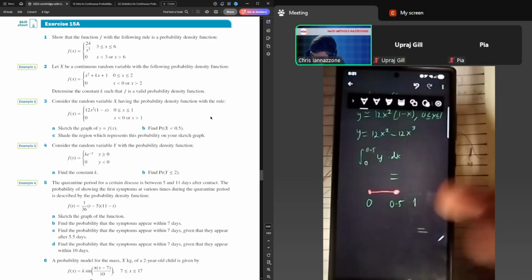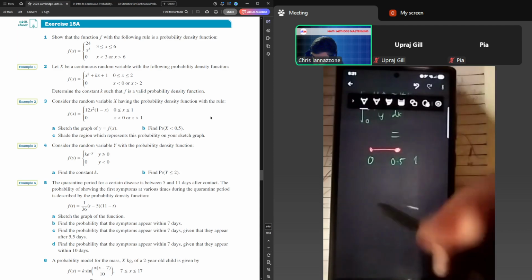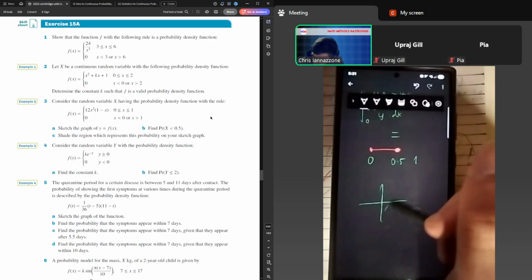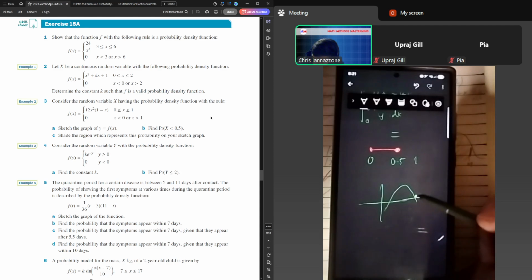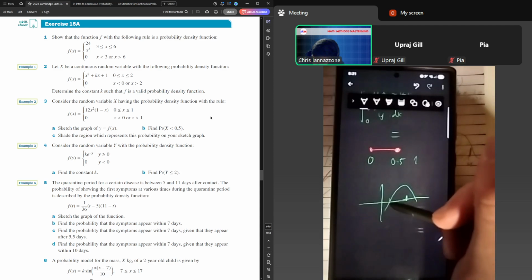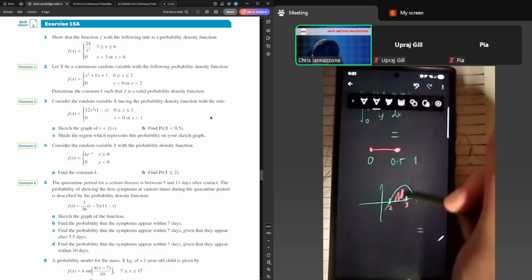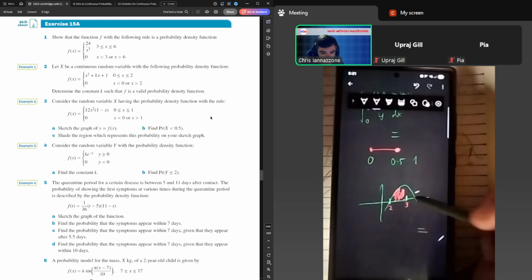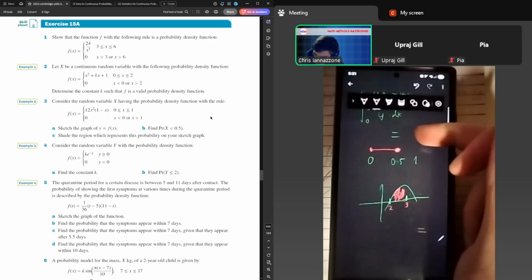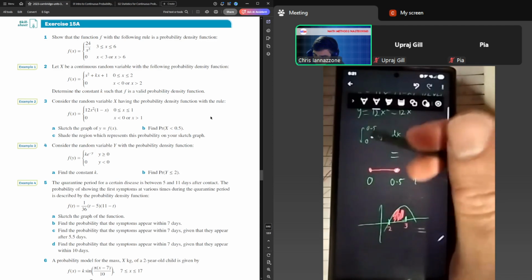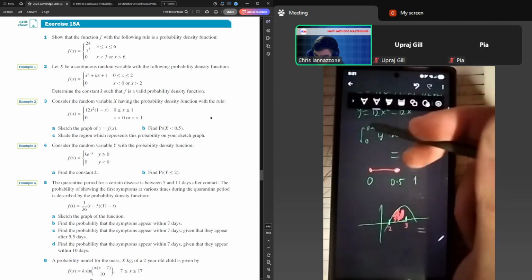It's like with any definite integral: if you want to find the area from here to here, say this is 3 and this is 2, the bigger one always goes on top and the small one on bottom. So same thing here. Bigger one is 0.5, smaller one is 0.